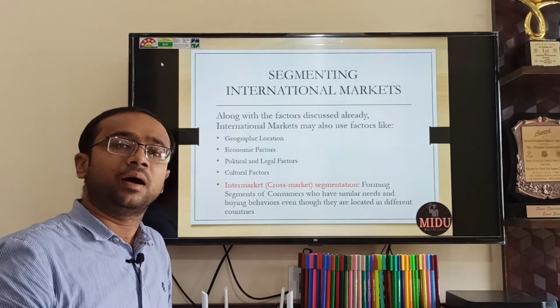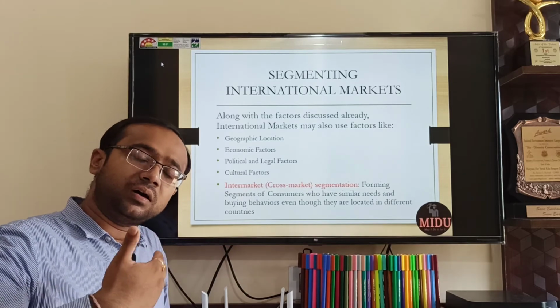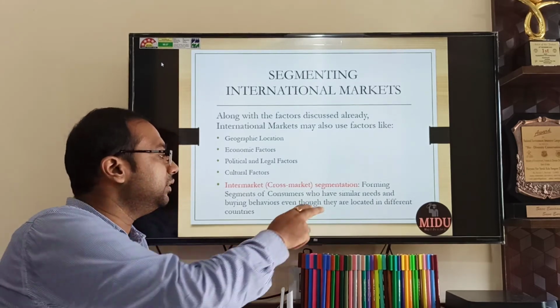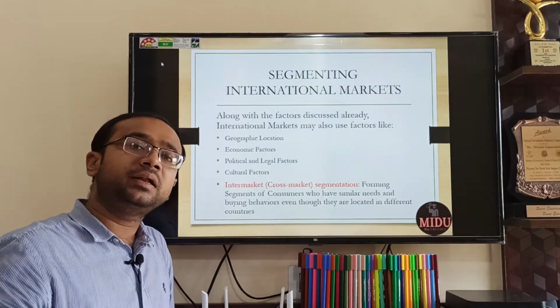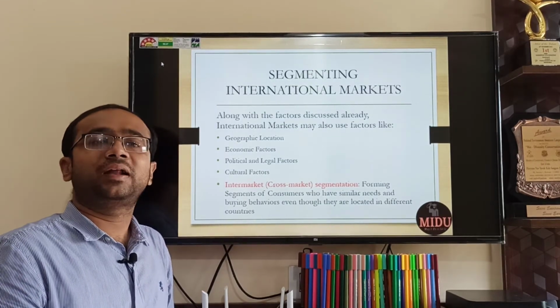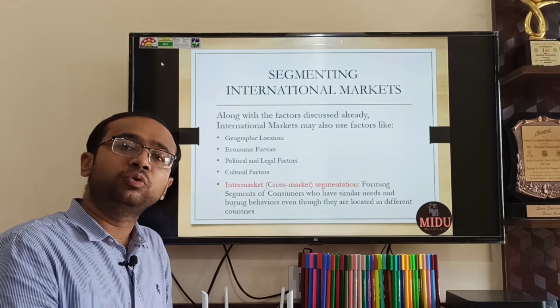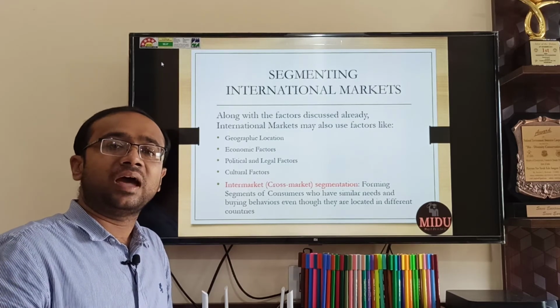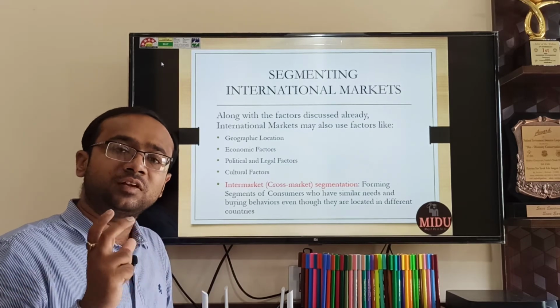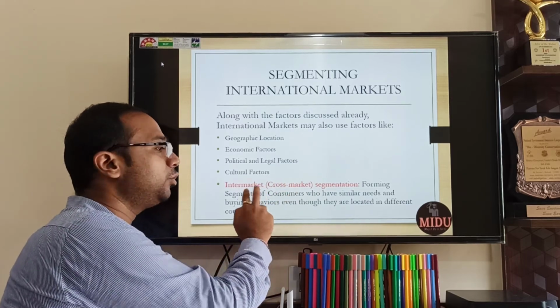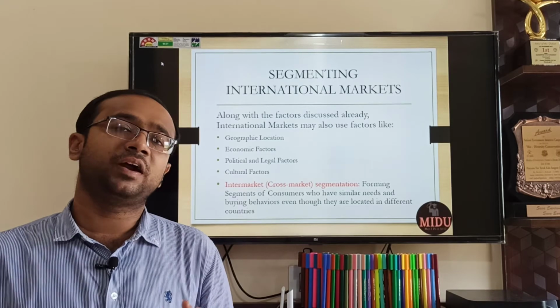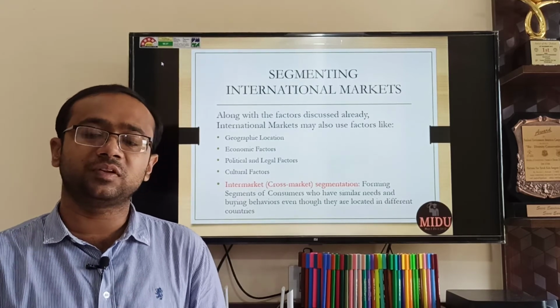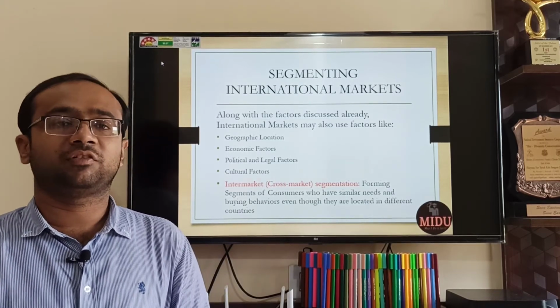It means that persons in different countries, but their need and buying behavior are same. So it might happen that an Indian consumer might have the same needs as a South African consumer and a US consumer. So what is this kind of segment? It is a cross market or your intermarket segment. Friends, these were all the different kinds of segments in consumer markets, business markets, and your international markets.